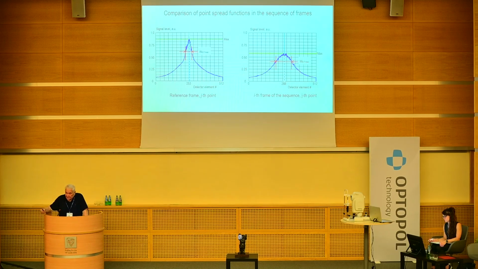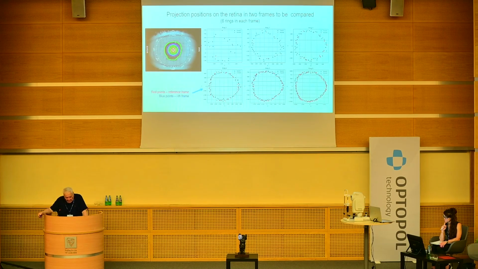Refraction changes the position, but scatter changes the width of the point spread function. So you have rich information from the refraction measurement, more than when you follow the procedures: that is the changing of coordinates, and that is the changing of width.